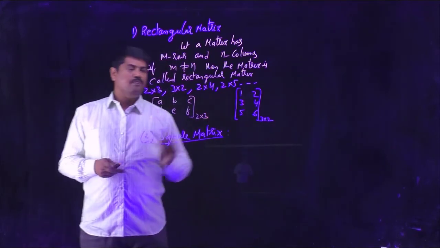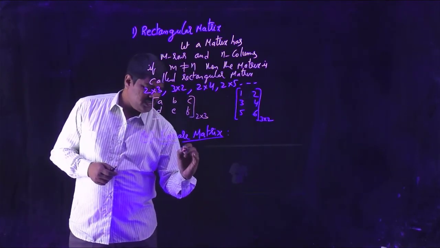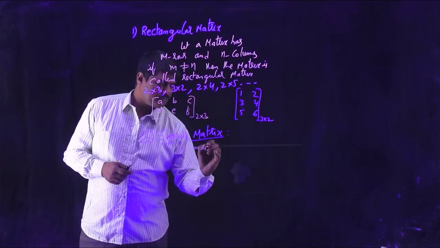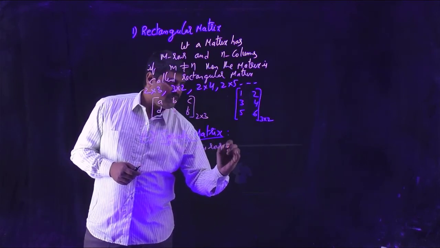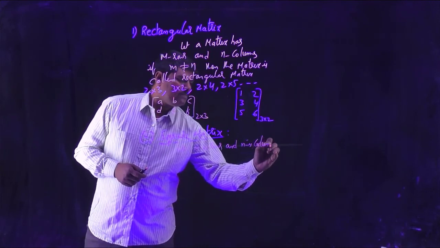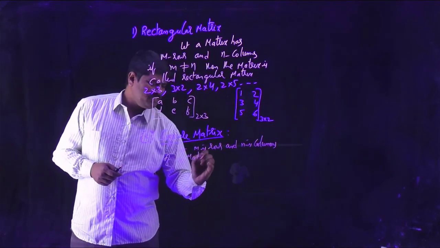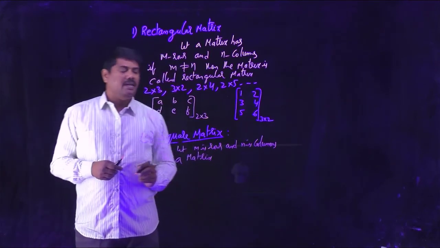Now we come to the definition of a square matrix. Already we consider m as the rows and n as the columns of a matrix. That means a matrix having m rows and n columns.